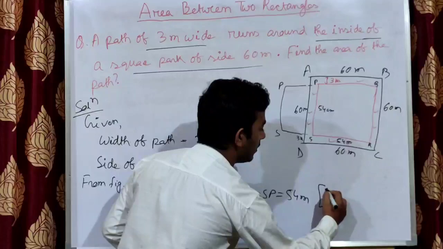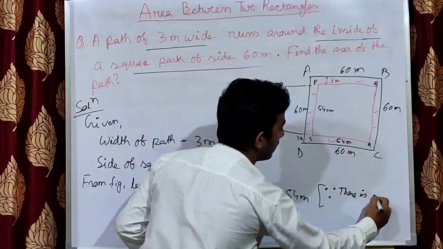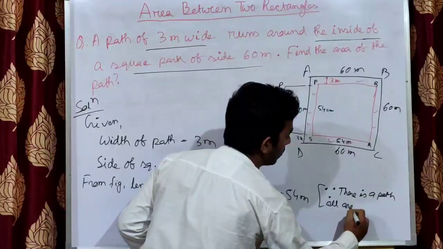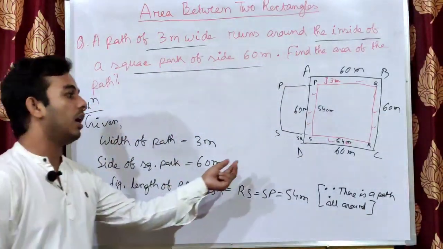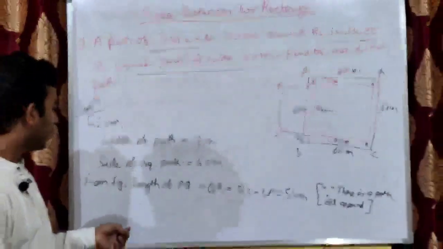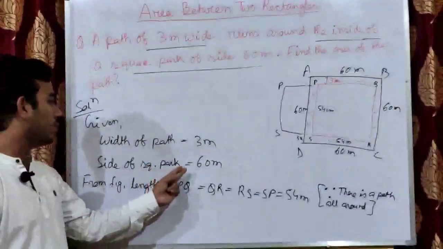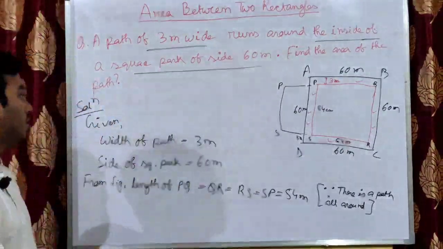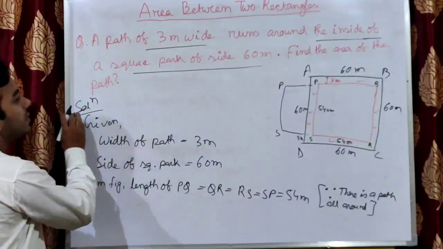In bracket we can write, since there is a path all around, we have subtracted all total 6 from the side of the square park. So we have two squares, one is ABCD whose side is 60 meter, and another square is PQRS whose side is 54 meter. So first of all, let us find out the area of ABCD.